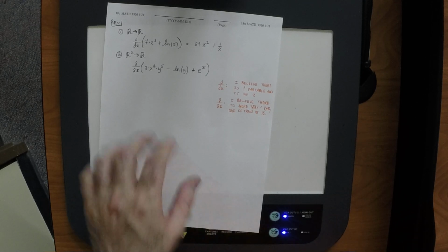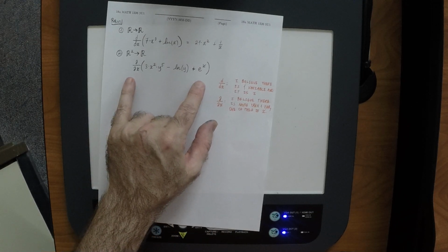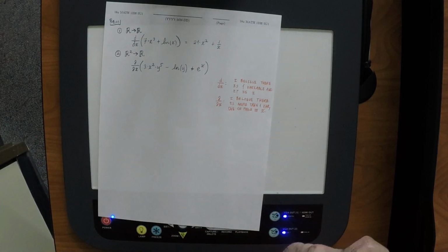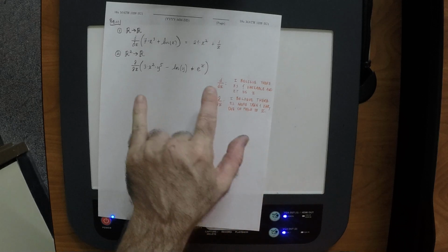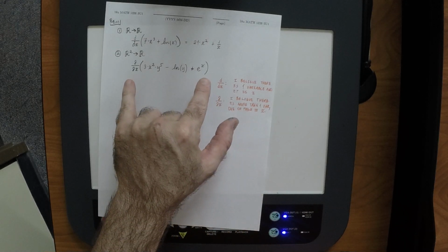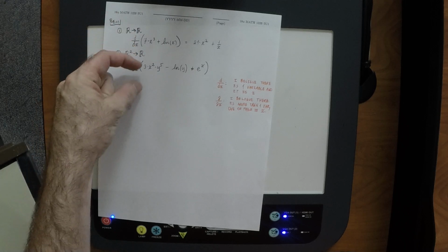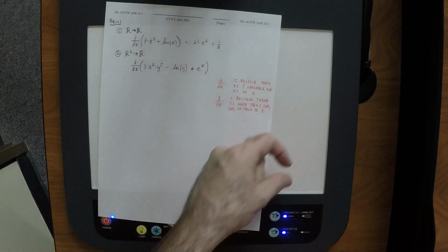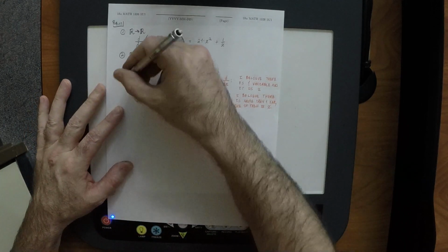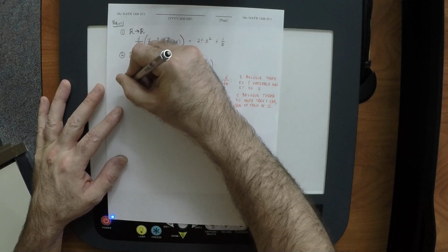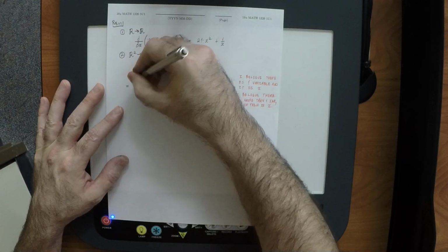Now, that being said, the process works just like what you're used to. I'm going to work this one out. Just like this derivative operator is additive, so is this one, which means it just distributes to all the little bits. So a first step might be to say, like this.